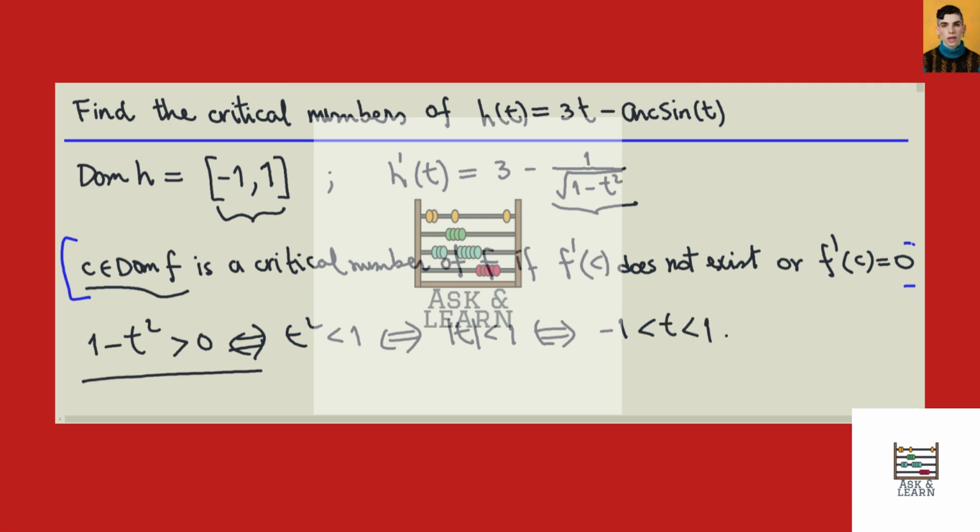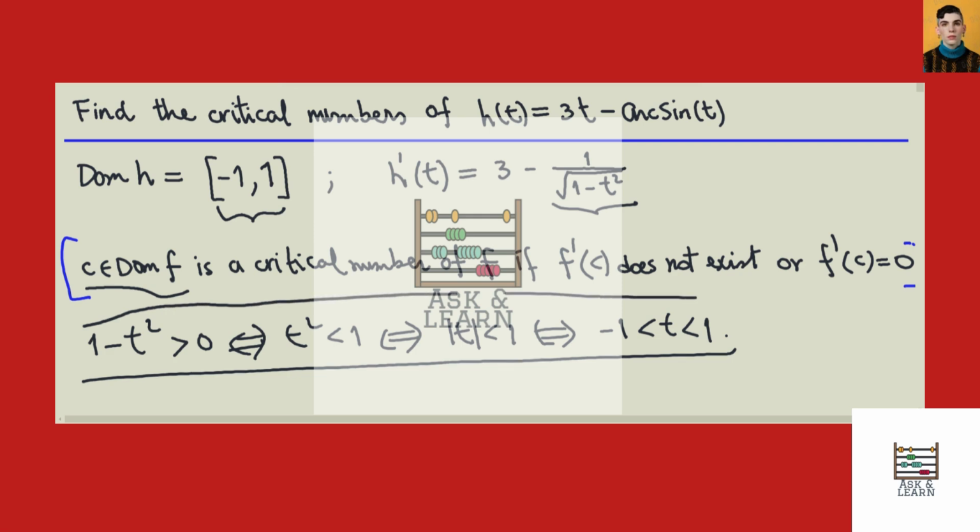This means that the derivative of the arcsine, of the inverse of the sine function, is defined in the interval -1, 1 without including the endpoints -1 and 1.